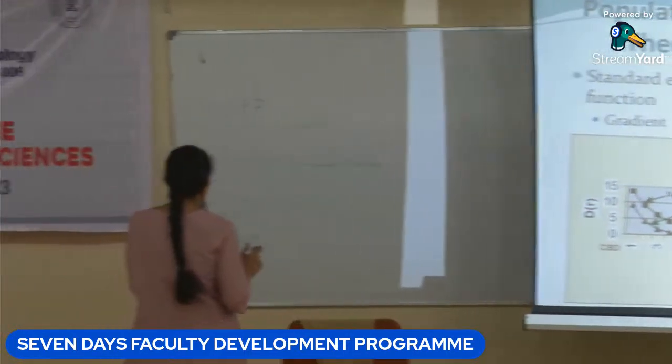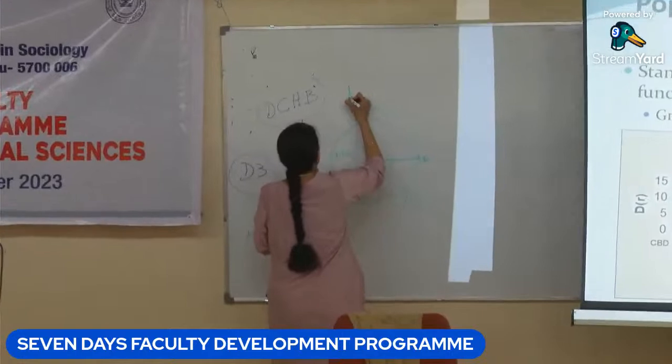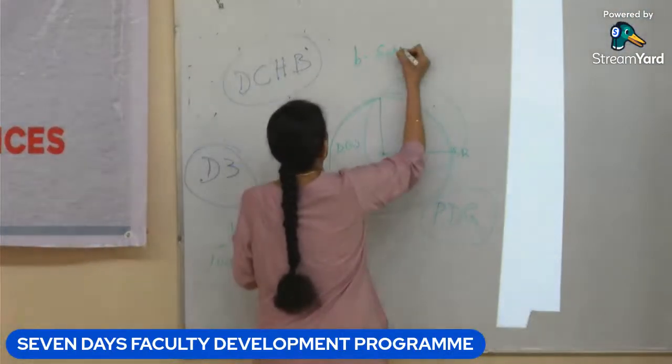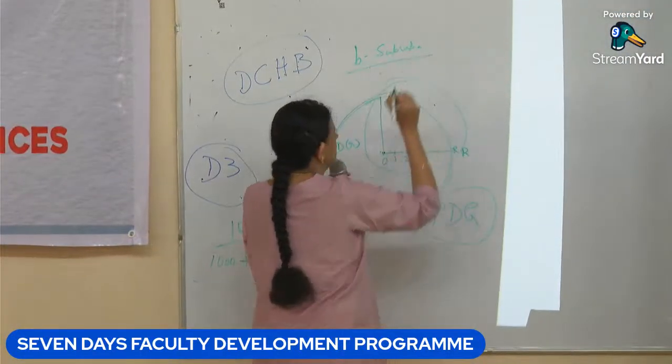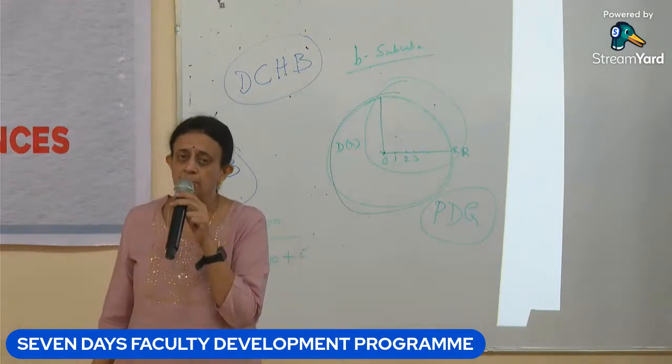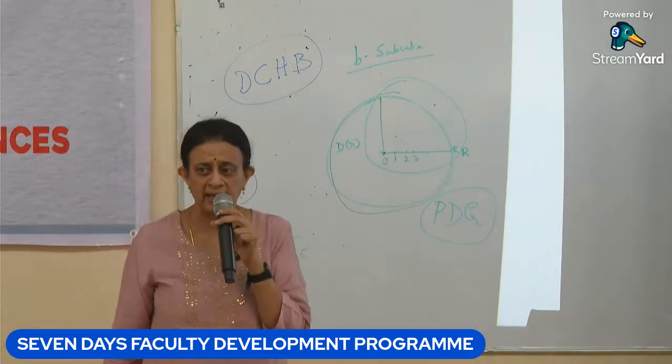This is called B suburbanization, B for Bangalore.